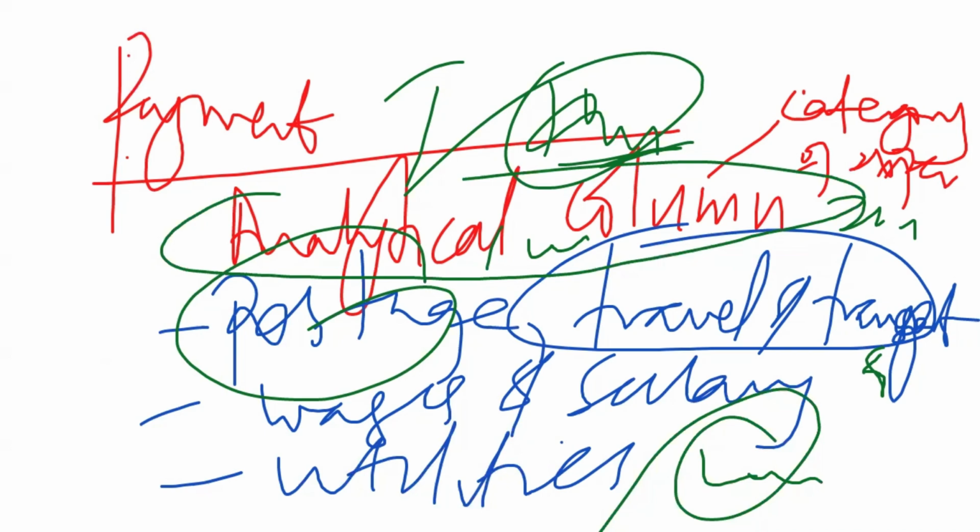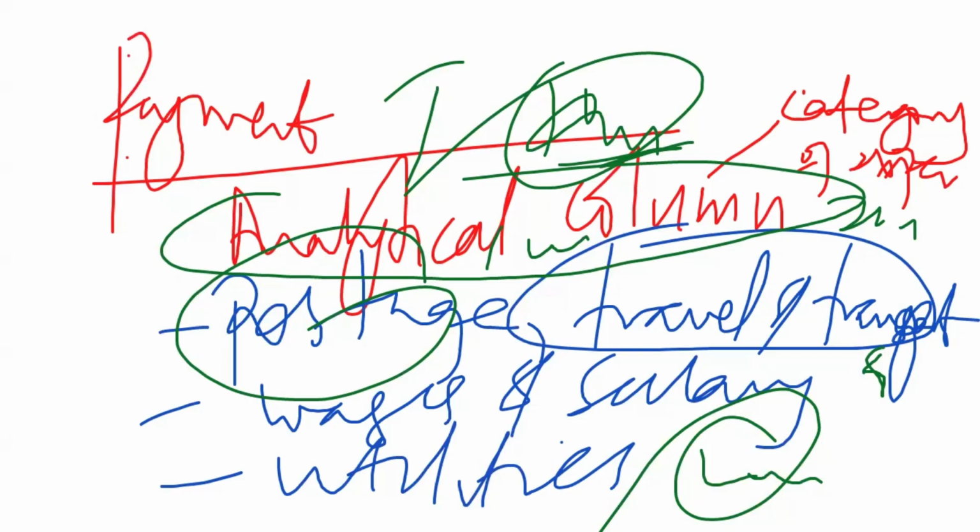Because if the creditor is demanding a very huge amount of money, then that creditor will be paid out of the main cash book. So we might not have that appearing under the petty cash book.